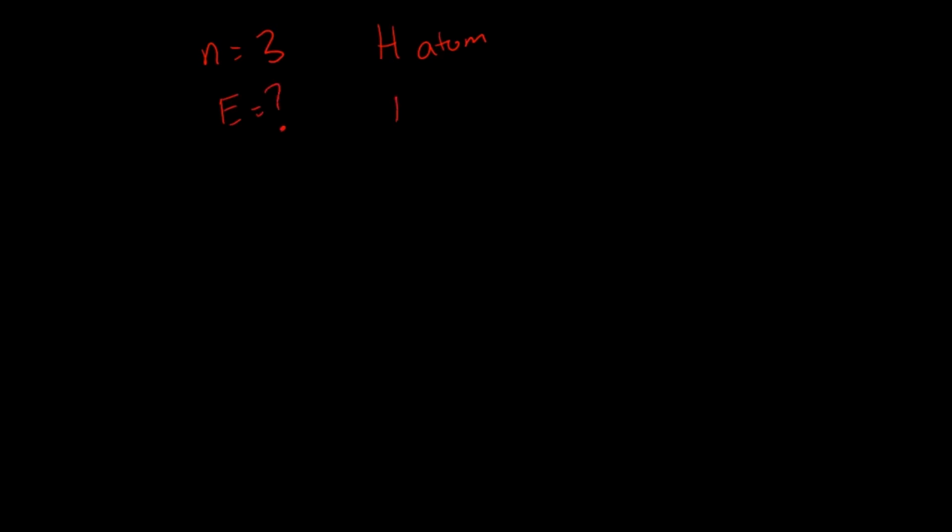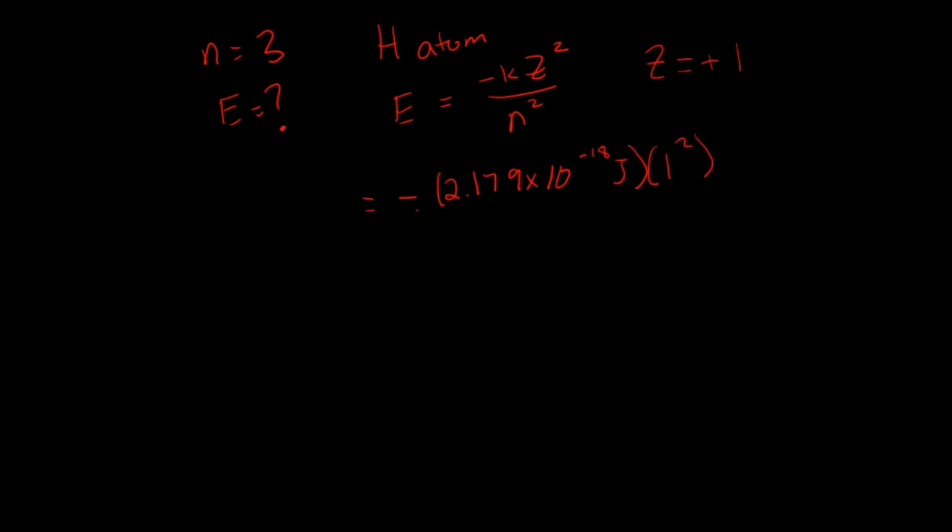So we know that our energy is equal to -kz squared over n squared. Okay, and we know that for hydrogen, z, the nuclear charge, is equal to 1. So this equals -k, which is 2.179 times 10 to the -18th joules, times 1 squared divided by 3 squared.